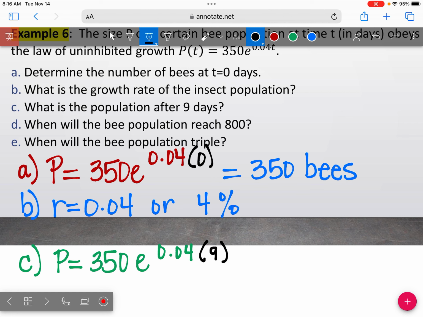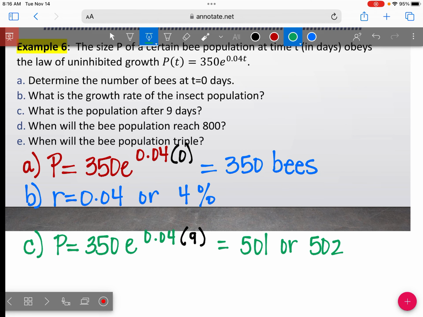So when we talk about population, it's a whole number. So I would take 501 or 502 bees.